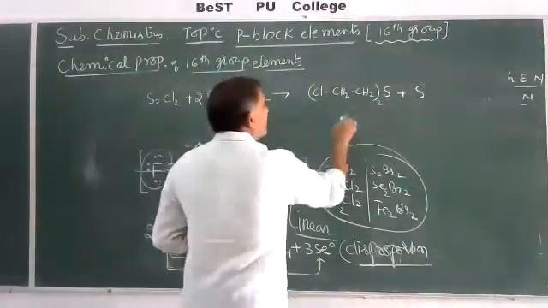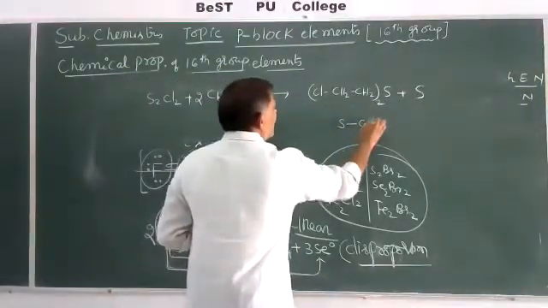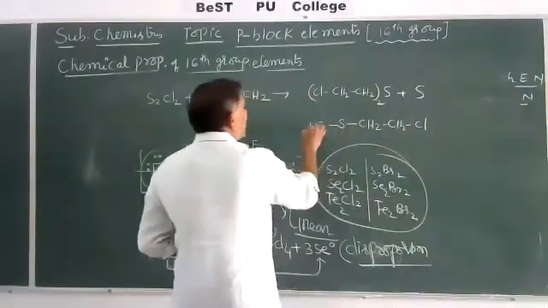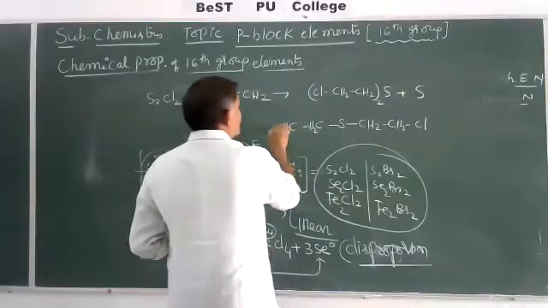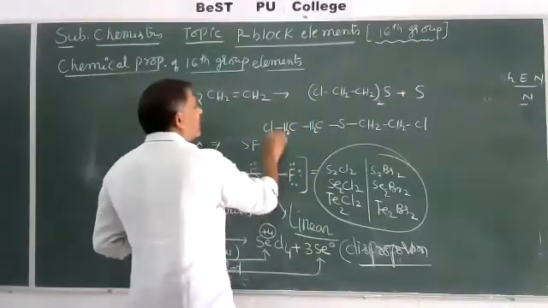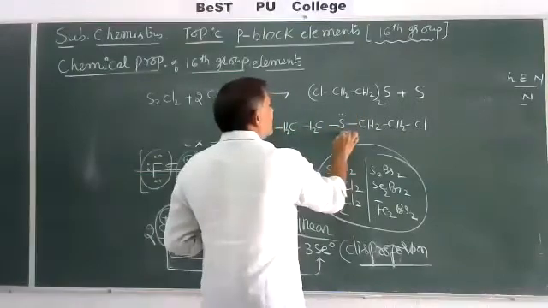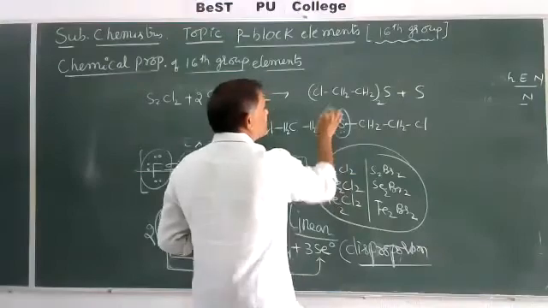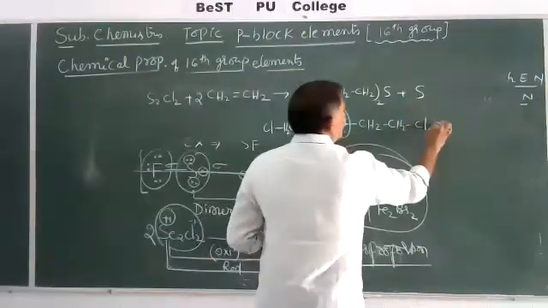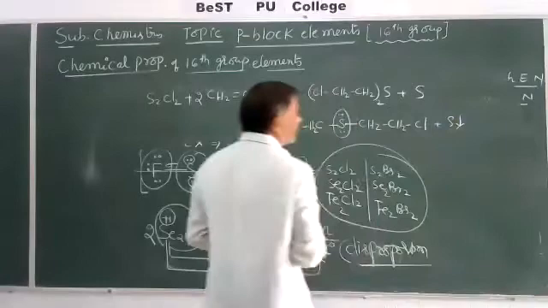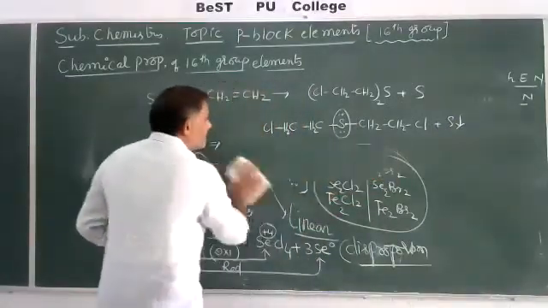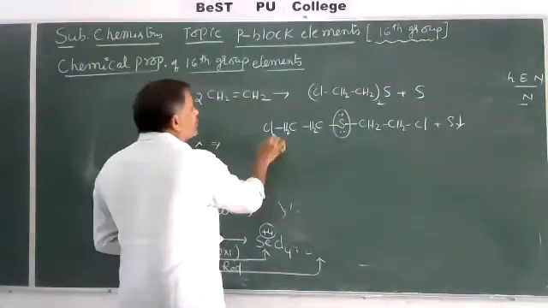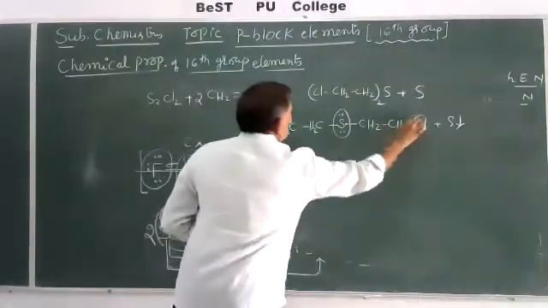Here around sulfur 2 bonds are there, like CH2CH2Cl, then here CH2CH2Cl. Now this central element sulfur contains 6 valence electrons, 2 are bonded with this, 2 lone pairs are there, and sulfur precipitate is formed. Now in this compound 2 chlorine atoms are there, di.